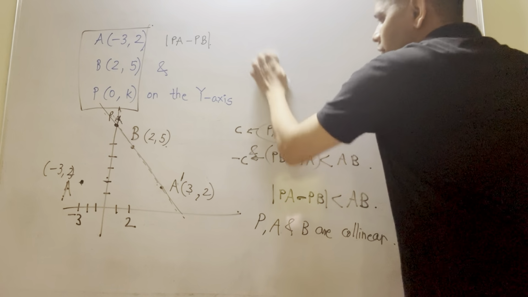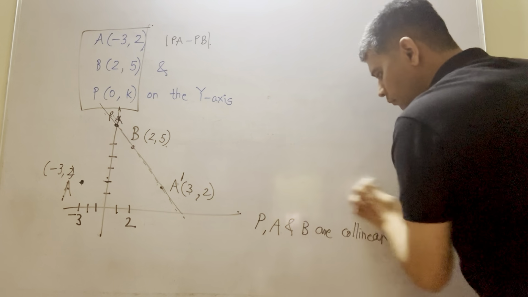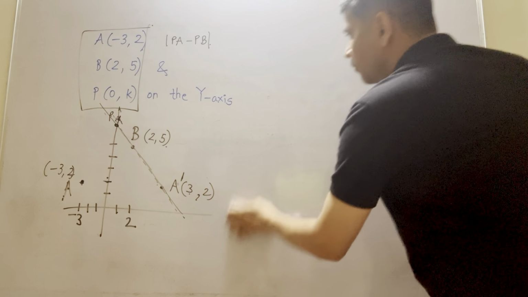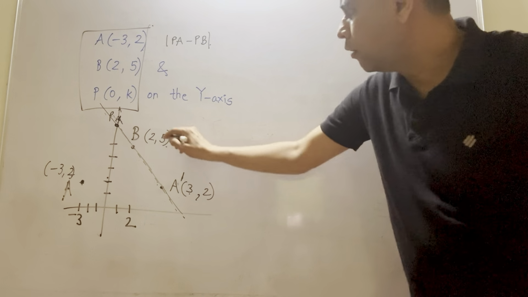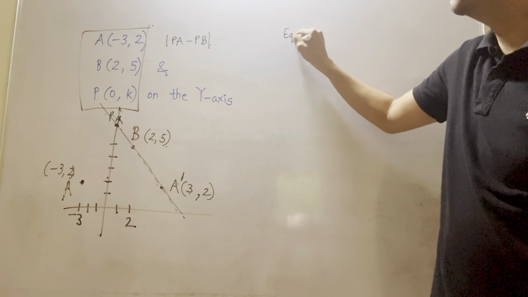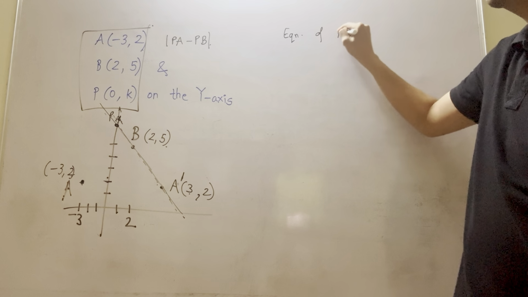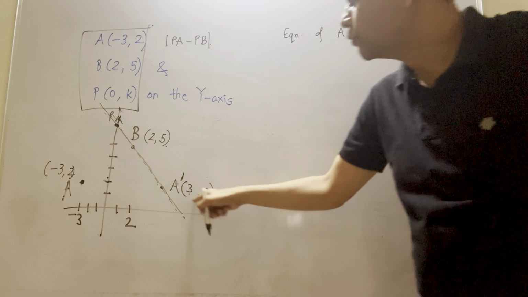So what happens here is, yes. So now what is the equation of A dash B? Can you observe I can use the two-point form.